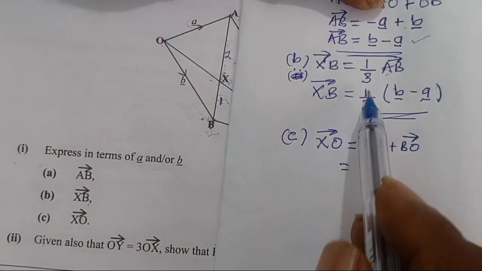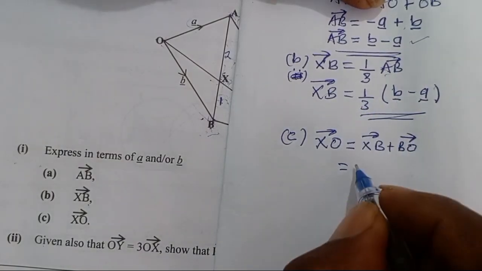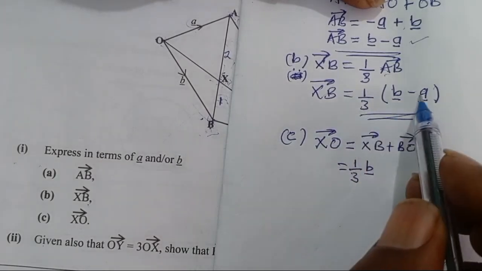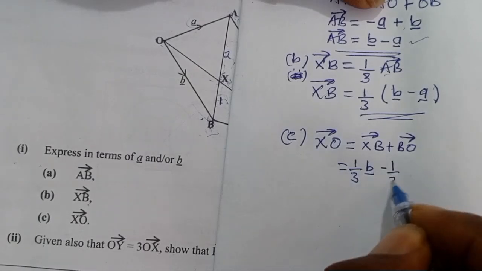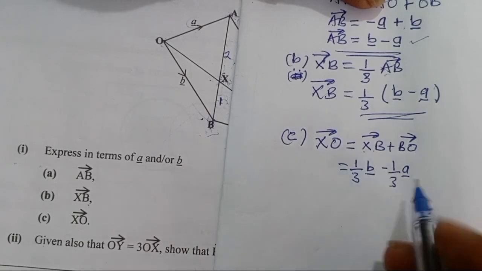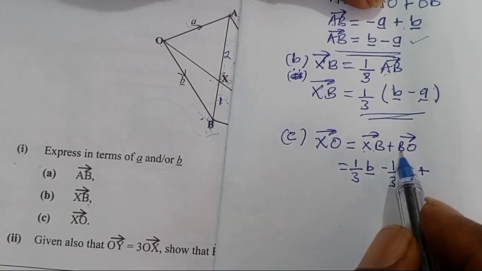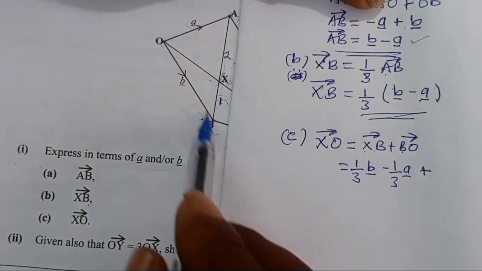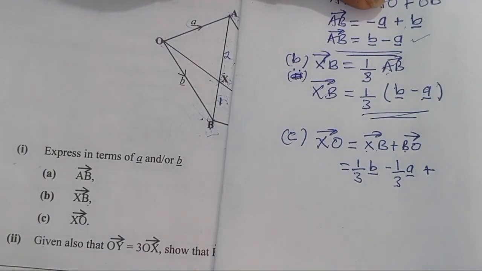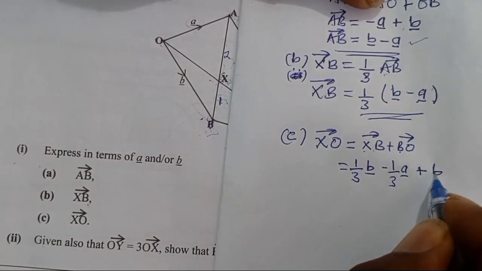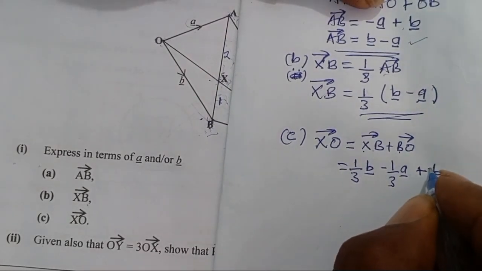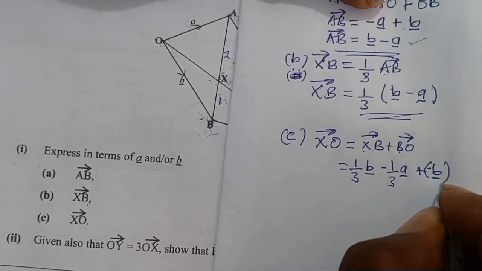So 1 over 3 times scalar B, it is 1 over 3 scalar B, 1 over 3 scalar A, it is 1 over 3 scalar A. So this is XB plus vector BO. So BO, I'm going against the direction of the vector. So it is going to be negative scalar B.